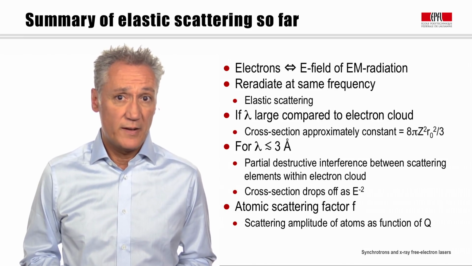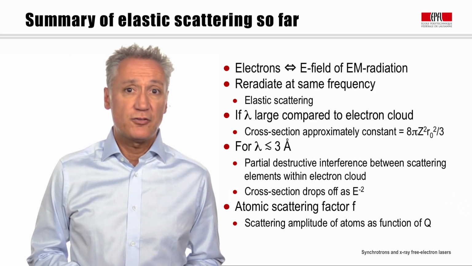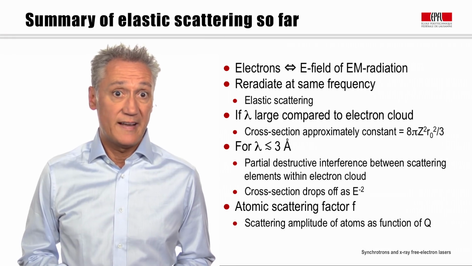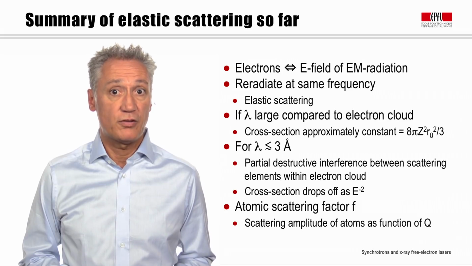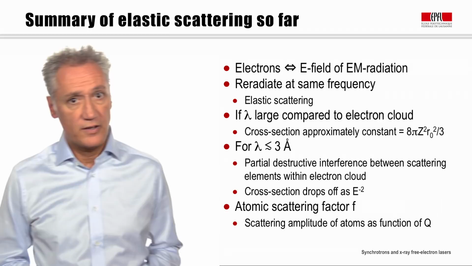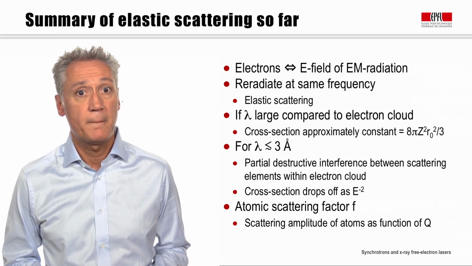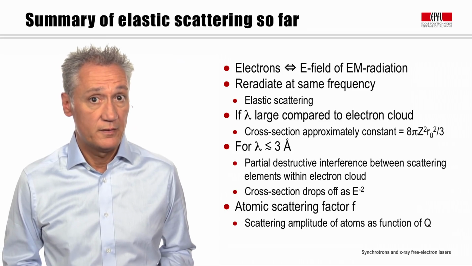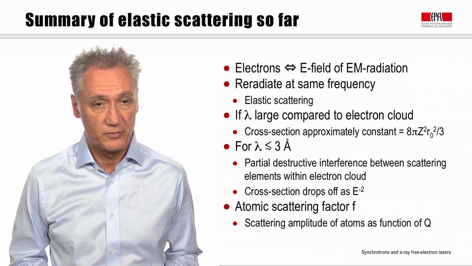However, as the wavelength becomes smaller and the photon energy increases, scattering from the different volume elements within the electron cloud begins to be out of phase with each other, and this results in increasing destructive interference. As an approximation, the cross-section drops off as 1 upon E squared, where E is the photon energy, and is described in detail by the atomic form factor F, which is normally expressed as a function of Q, or sine theta upon lambda.